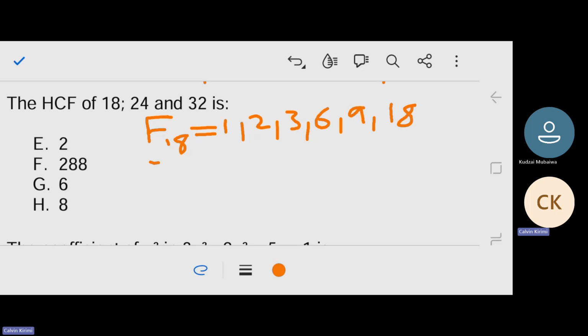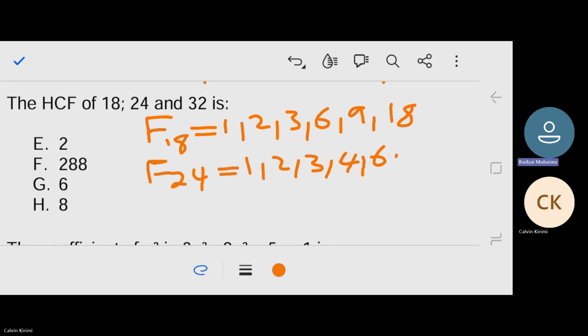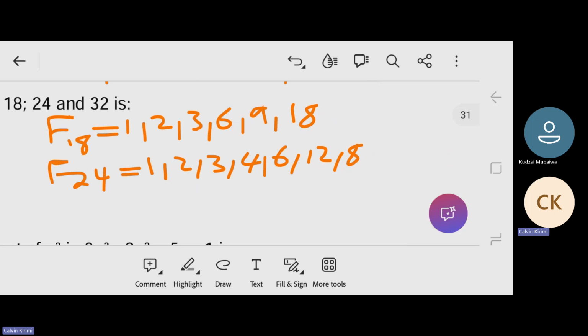What are the factors of 24? 1, 2, 3, 4, 6, 12. Oh, I missed 8. Let's put 8, and 24.